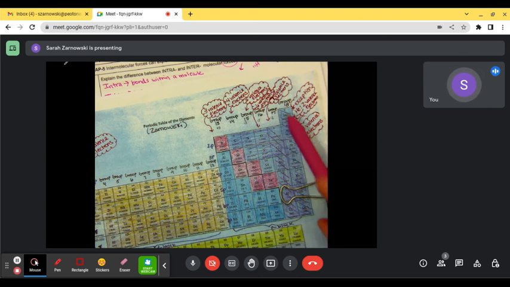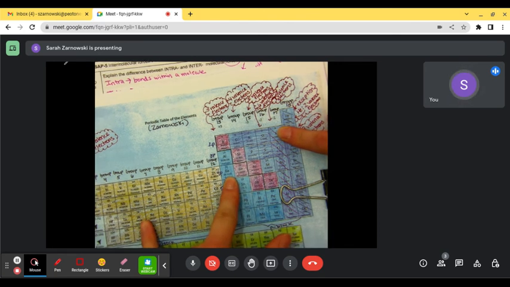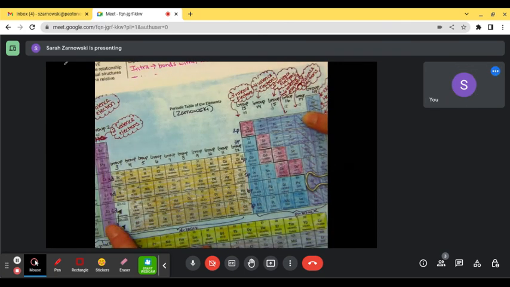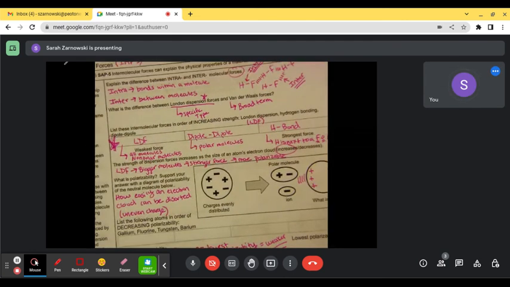So if I compare fluorine, which is right here, gallium right here, where's tungsten? Tungsten is W, right where my pinky finger is. And then barium is all the way over here. So if I was going to do the smallest, it would be fluorine, then gallium, then tungsten, and then barium being the biggest. Smallest is going to be the lowest polarizability.